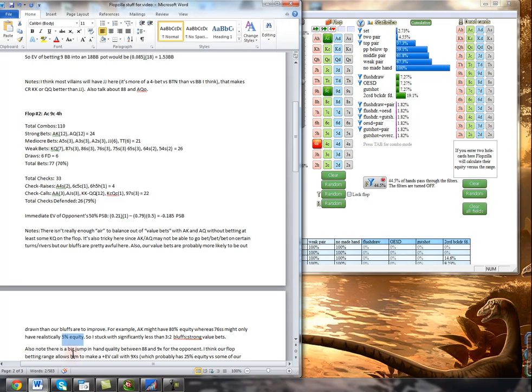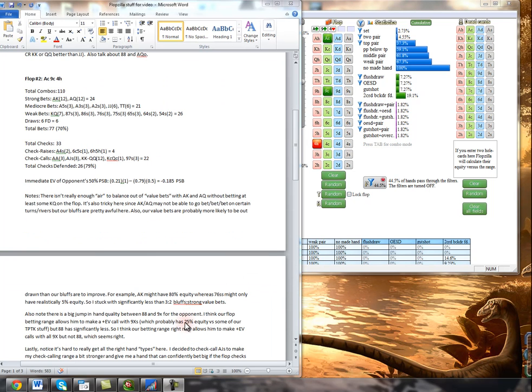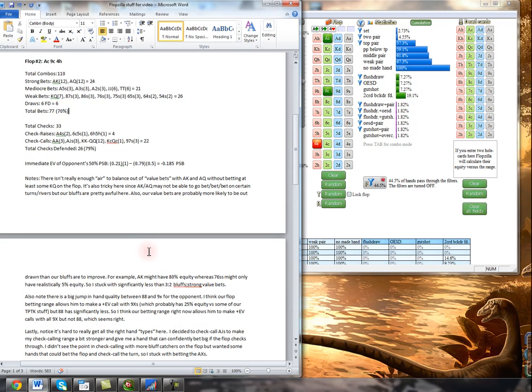So here, since our value bets are good, but not amazingly good, whereas our bluffs are pretty much crap, I'm using a lower bluffing to value betting ratio on the flop because I think our weak bets just aren't going to outdraw the opponent all that often. That's why I decided to bluff less aggressively than I usually do.